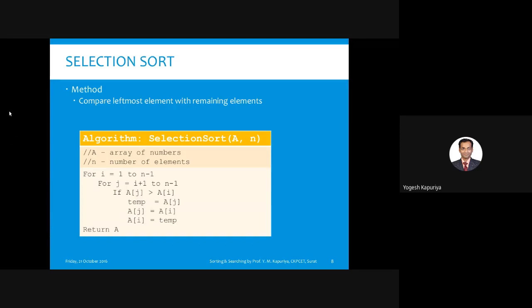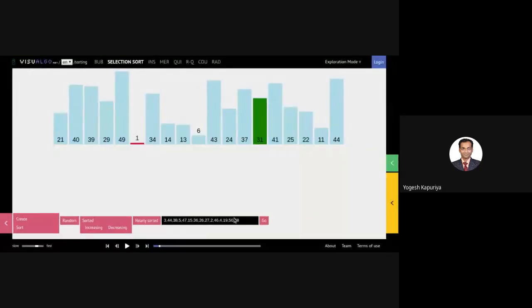I hope you are looking at the screen which is by Visual Algo.